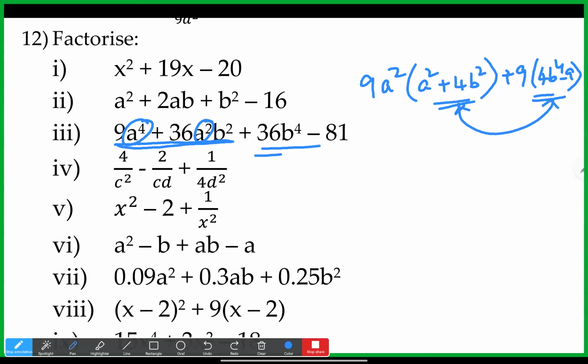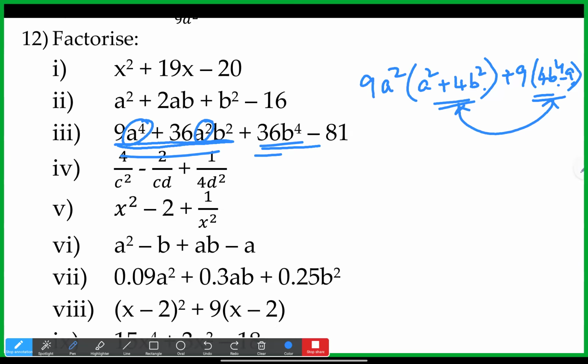They are not the same, because one is a square plus 4b square and the other is 4b square minus 9. So we cannot do it this way. Whenever 4 terms are there, first we have to check like this, or check if any rearrangement is possible. But it is not coming, Maisha.